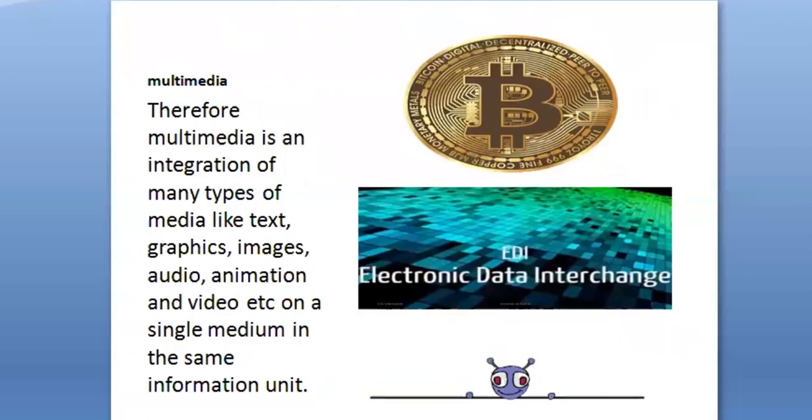We can conclude that multimedia is an integration of many types of media like text, graphics, images, audio, animation, and video on a single medium, which is able to produce a single output of information.